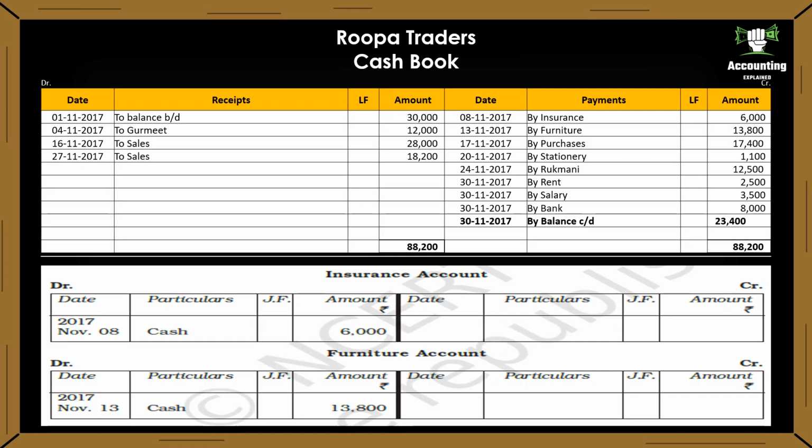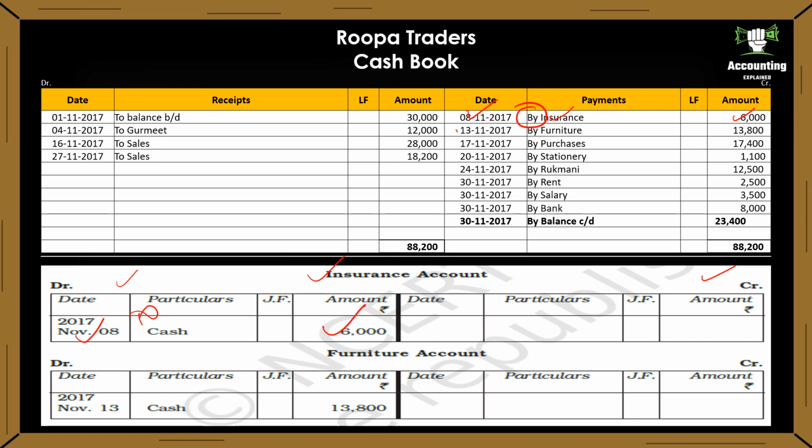Now we will proceed with the payment side. The first transaction is insurance: on 8/11/2017, by insurance, 6,000. Now we open an insurance account, with DR on the left side, CR on the right side, and all the columns. Since we have credited by insurance, on the left side we write on 8/11/2017, to cash, 6,000 rupees.